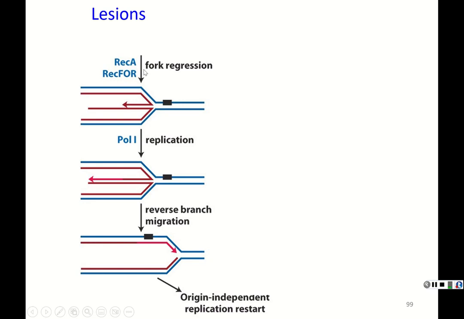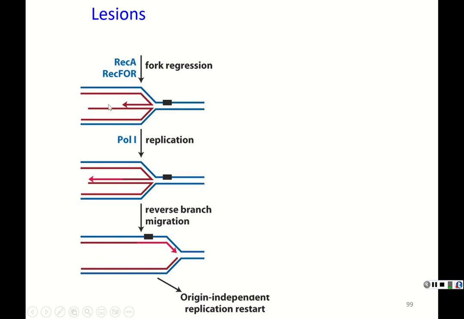So if we look at lesions specifically, right, when the replication fork gets there, what can happen is that you get a stall, but on the lagging end, the opposite end, it can go through and polymerize some of that, and then it can back out to where that stall occurred. And the daughter strands that have been synthesized can then come to a point where they match up, and from there you can start polymerizing again, right?